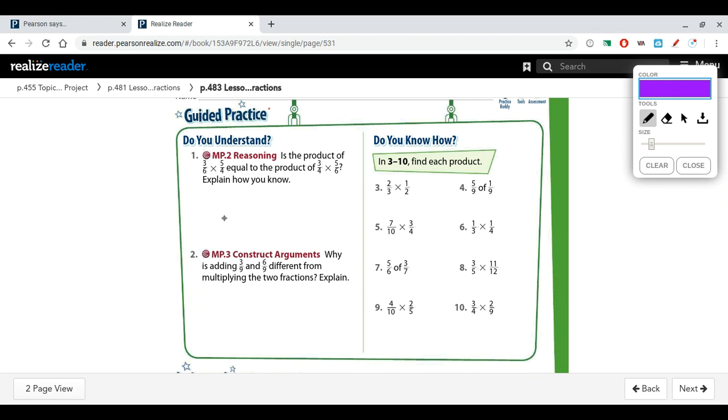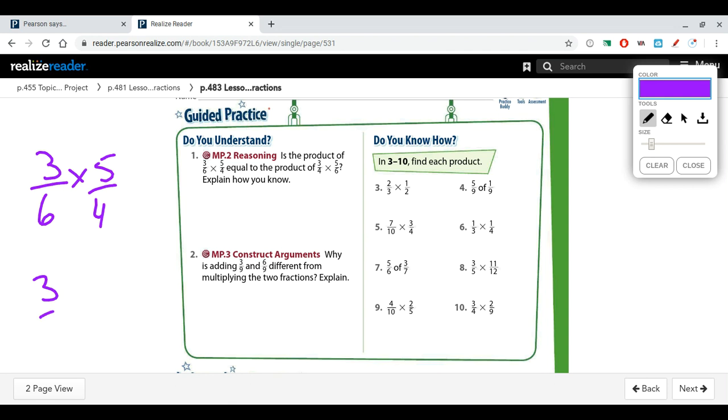at your number 1, it says, is the product of 3/6 times 5/4 equal to the product of 3/4 times 5/6? Explain how you know. Okay. And so if we look at this, very first way that we can say, are they going to be the same, is we can just simply multiply.